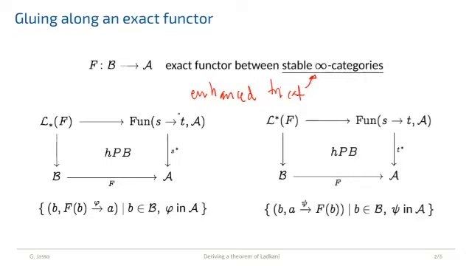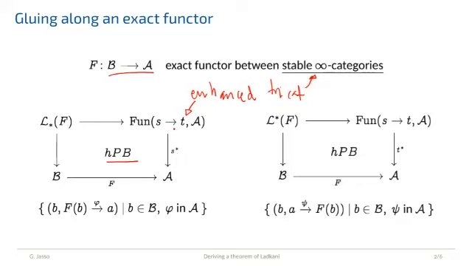Okay, so what is the gluing along an exact functor? Given an exact functor F between enhanced triangulated categories, I can glue A and B along this functor by considering the following homotopy pullback of enhanced triangulated categories. I take the functor F and the category of morphisms in A, which is again an enhanced triangulated category.